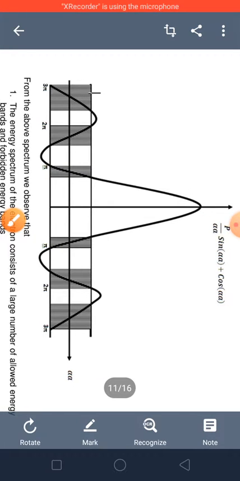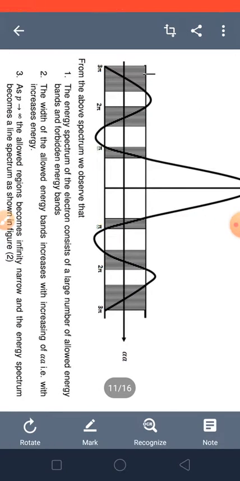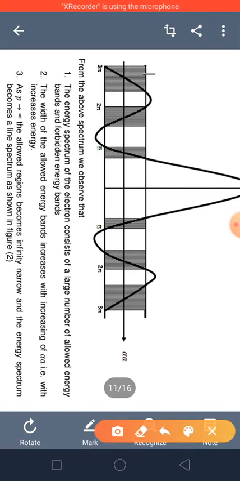From this plot we get three points. It is observed that the energy spectrum of the electron consists of a large number of allowed energy bands and forbidden energy bands. In solids we get allowed energy bands and forbidden energy bands.